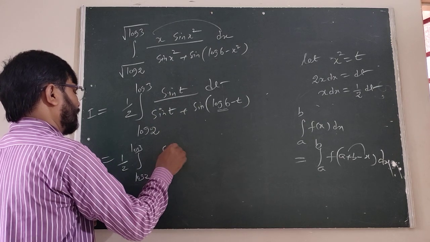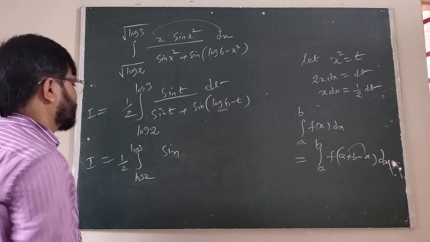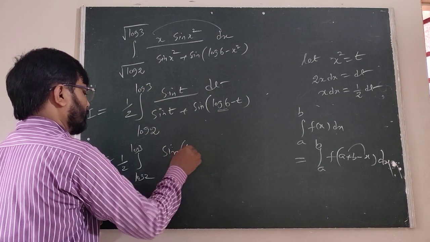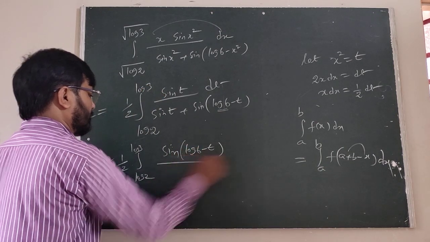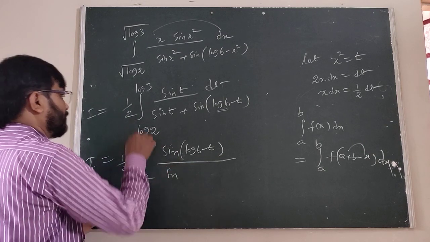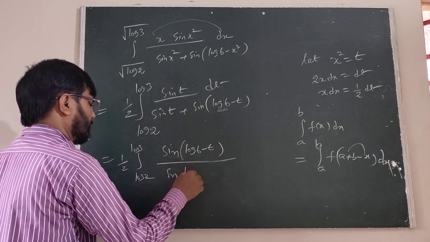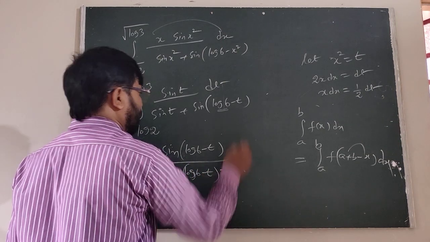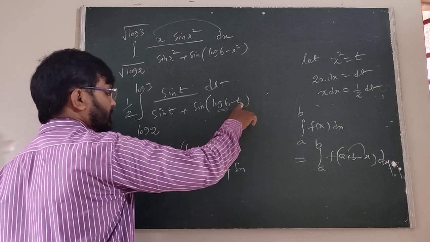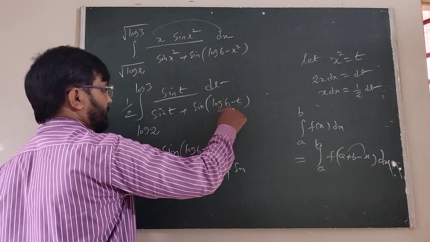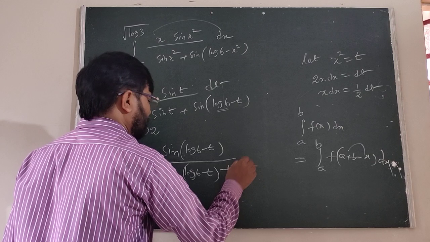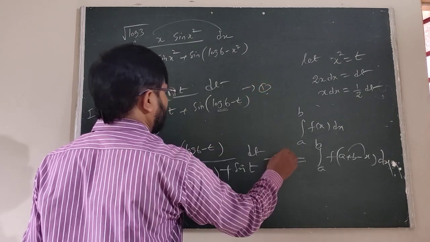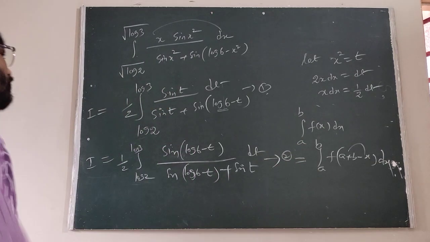All of you clear here: a plus b is log 2 plus log 3, that is log 6 minus t, upon the sine of a plus b minus x, that is log 6 minus t, plus sine of t, which is log 6 minus t minus of minus plus t, log 6 cancels. This is dt.